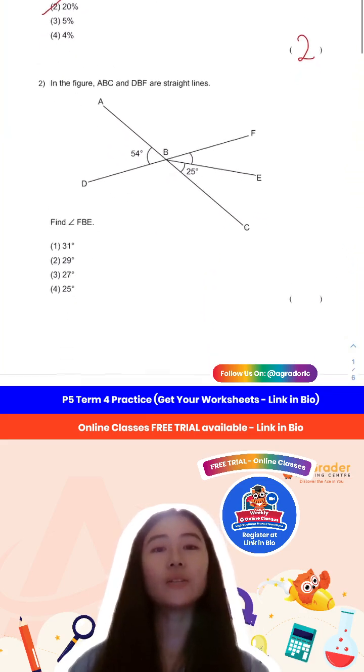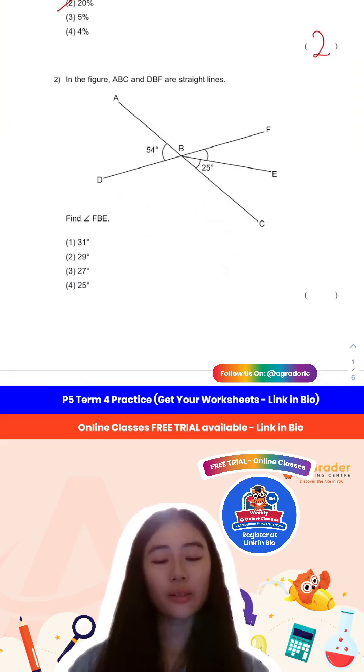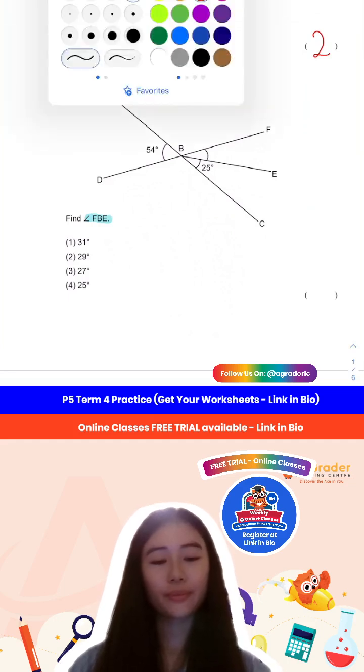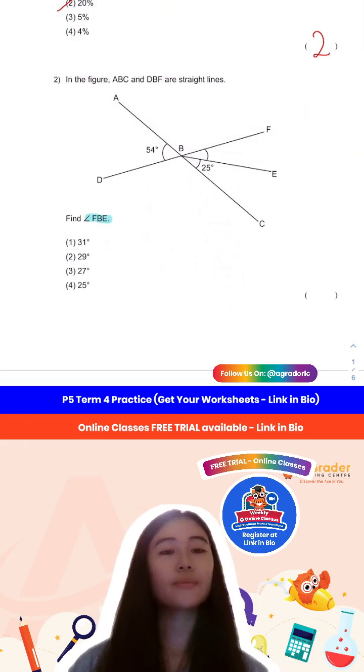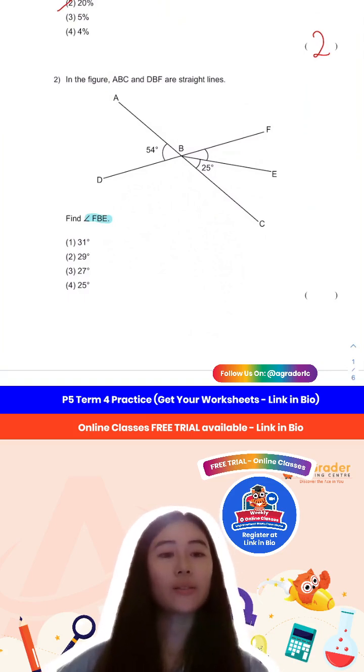Next one is on angles. Take a look at the diagram and calculate it. Let me know your answer. Okay, JFlow and Arfin, noted your answers. Let's give the rest a little bit of time to try it out.